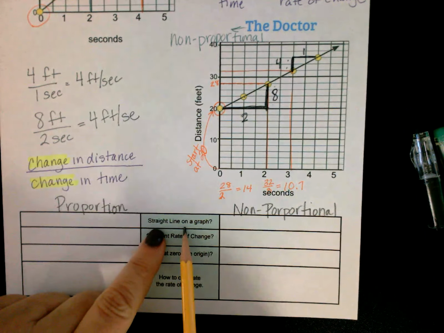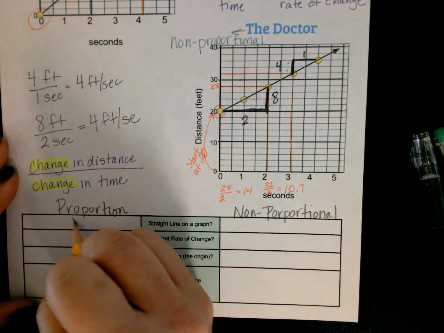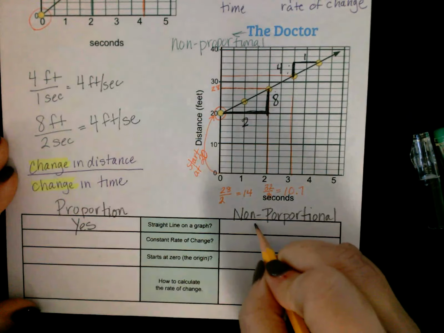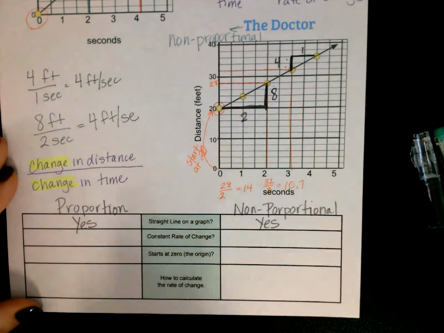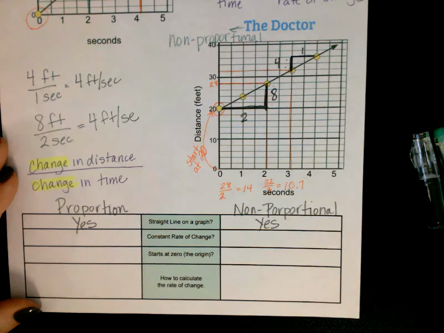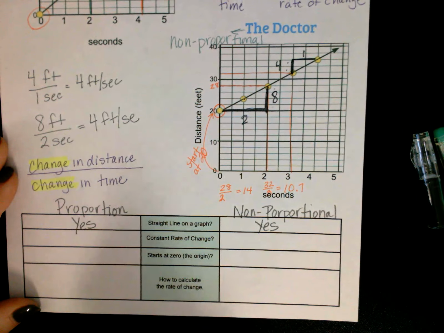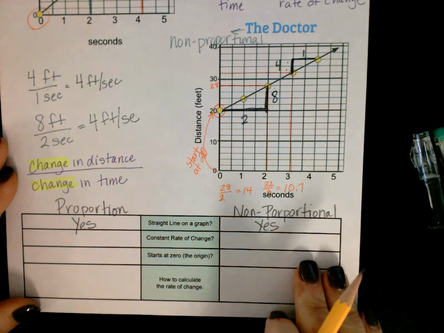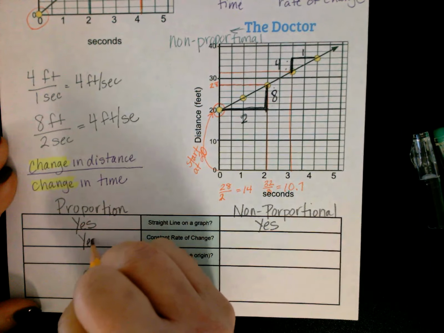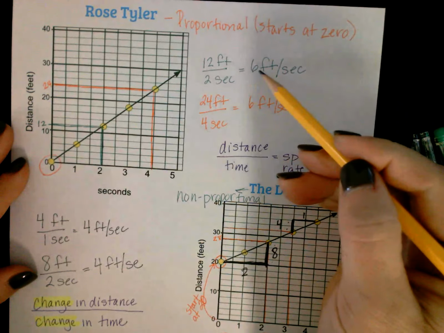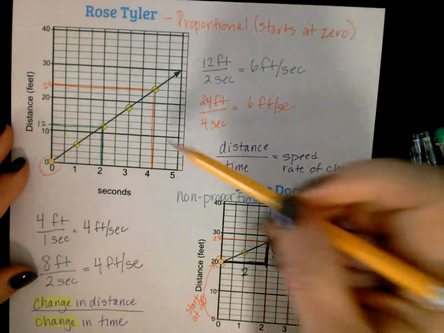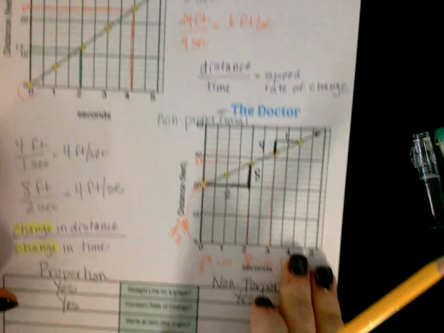Okay, straight line. Yes, both of these, when placed on a graph, make a perfectly nice straight line. Do they each have a constant rate of change? Yeah. Rose was traveling at 6 feet per second, no matter where you looked on your graph.